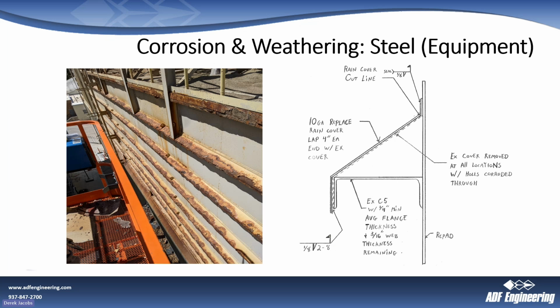Sometimes with weathering too, we'll see it in equipment, or bins. In this case, these bins had a rain cover on them. It was part of the original design, and the corrosion ate that out.